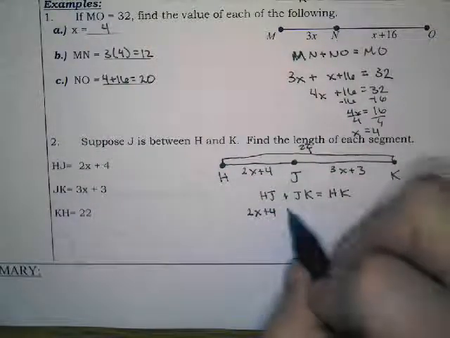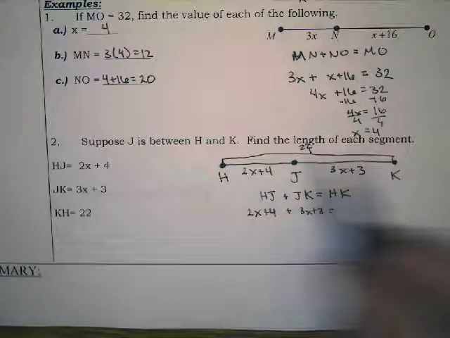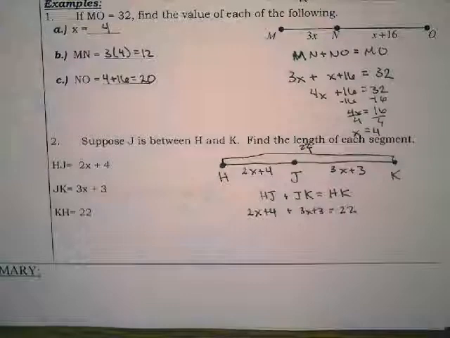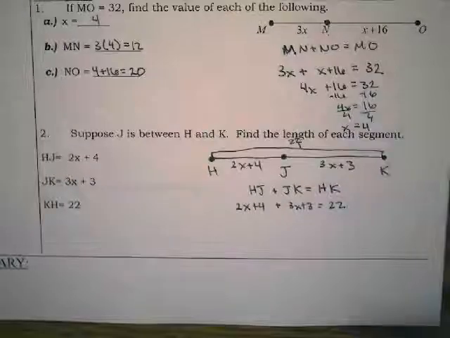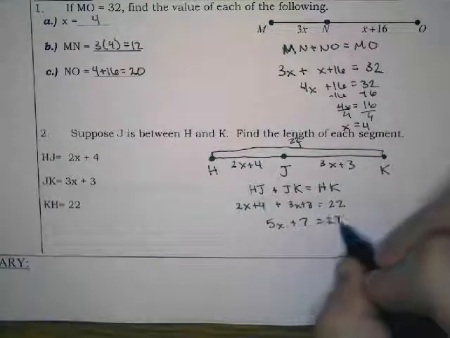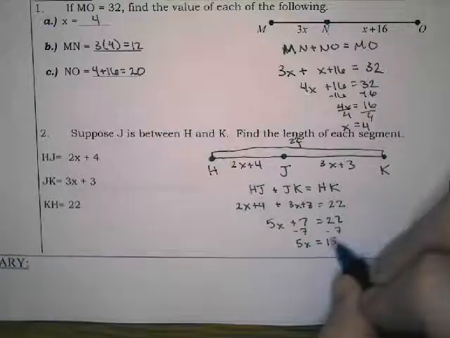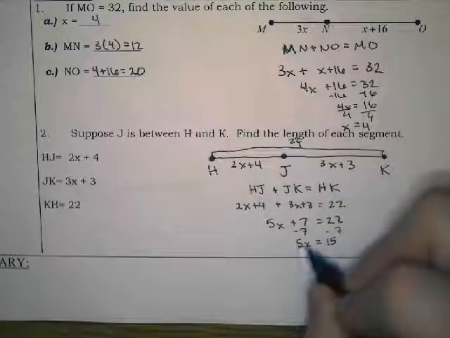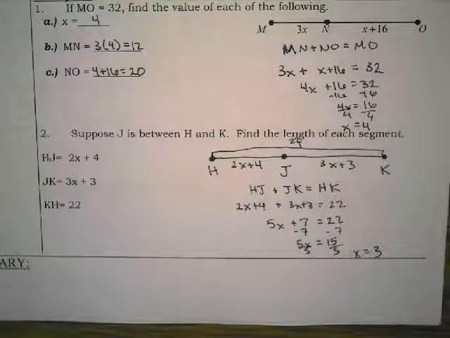So I have 2x plus 4 plus 3x plus 3 equals 22. Combine like terms, solve for x. So we'll get 5x plus 7 is equal to 22, minus 7 minus 7. 5x equals 15. Dividing by 5, we get x is equal to 3.